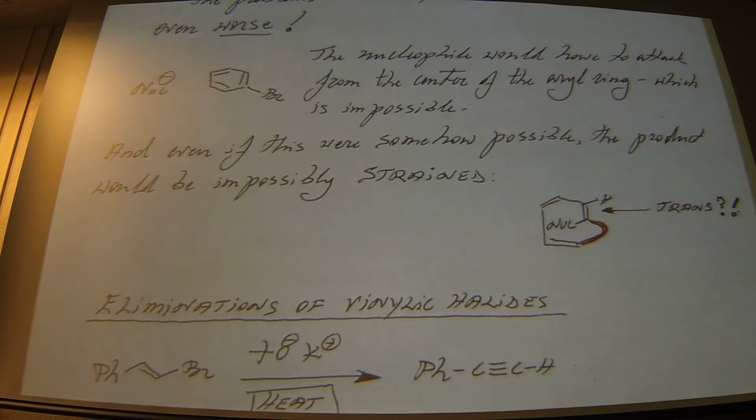And so for those reasons, you're just never going to get a regular SN2 on an SP2. No, SN2 on an sp2 carbon. That won't happen. Now, it turns out that vinyl halides and aryl halides do undergo elimination.